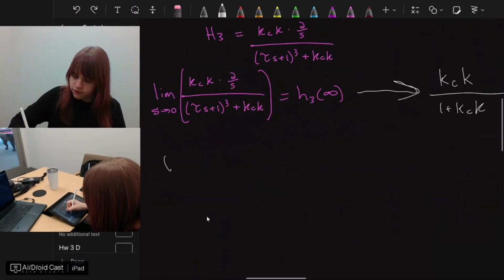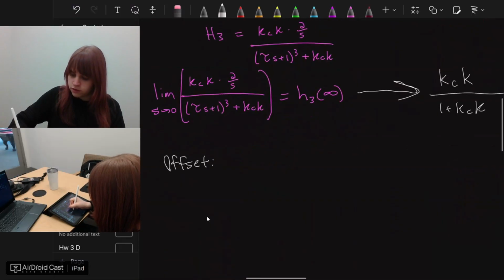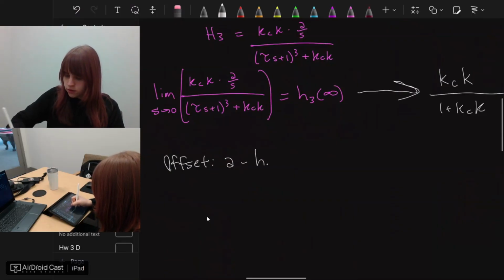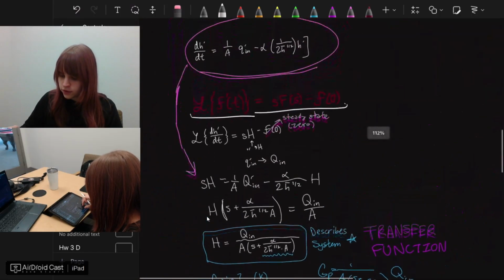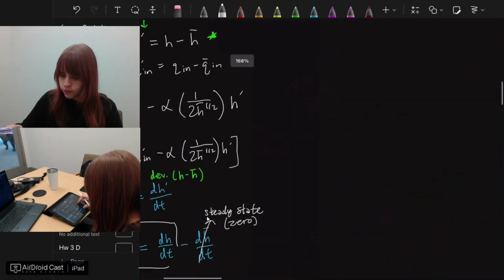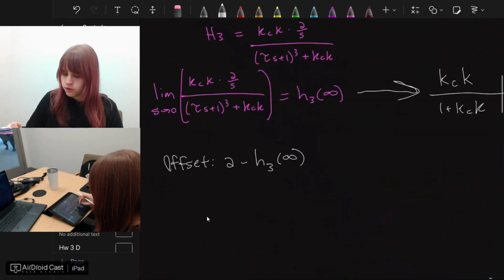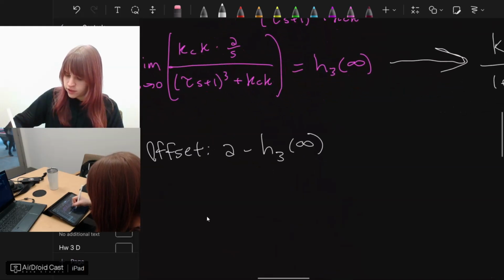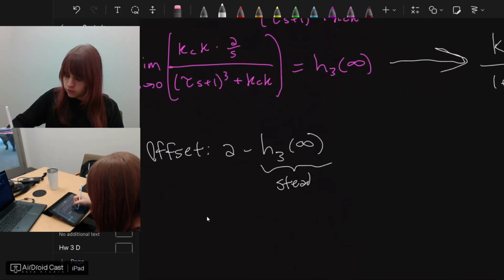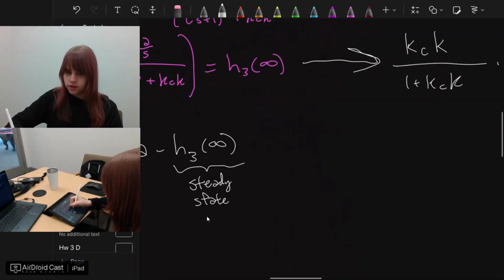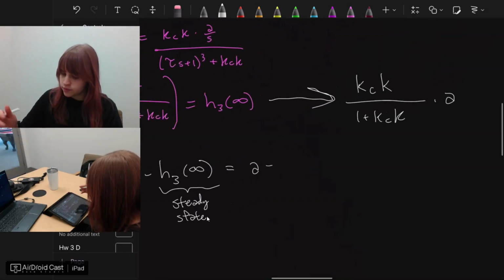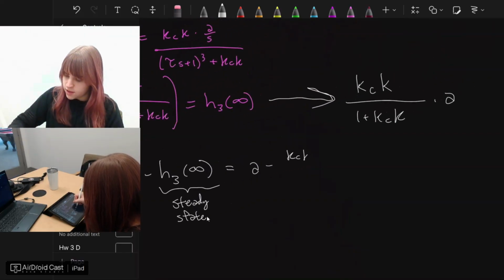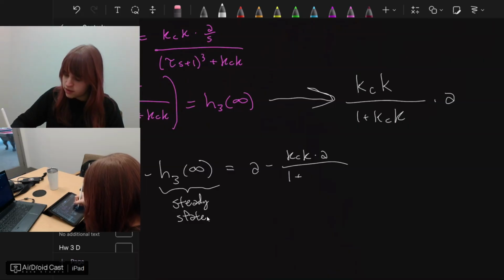We know that the offset is going to be a minus the steady state. So kind of like what we did in part A, with our deviation variables. This is our steady state. And that's equal to a minus this KCK times a over 1 plus KCK.